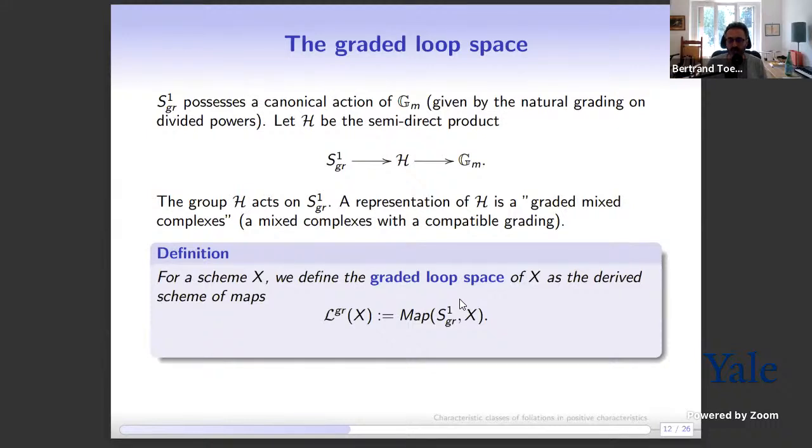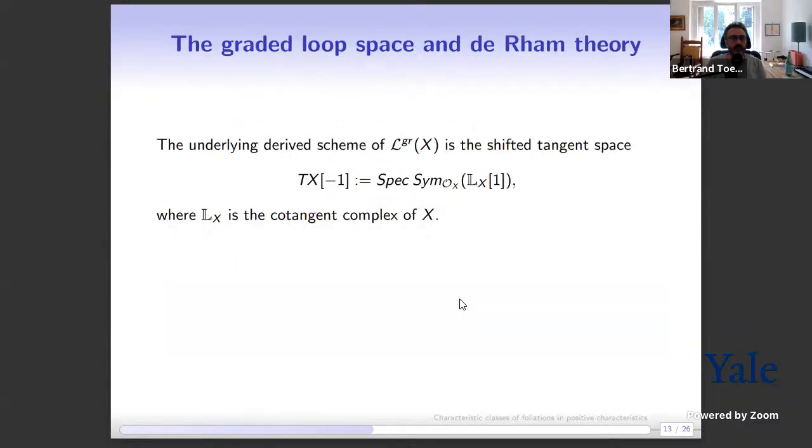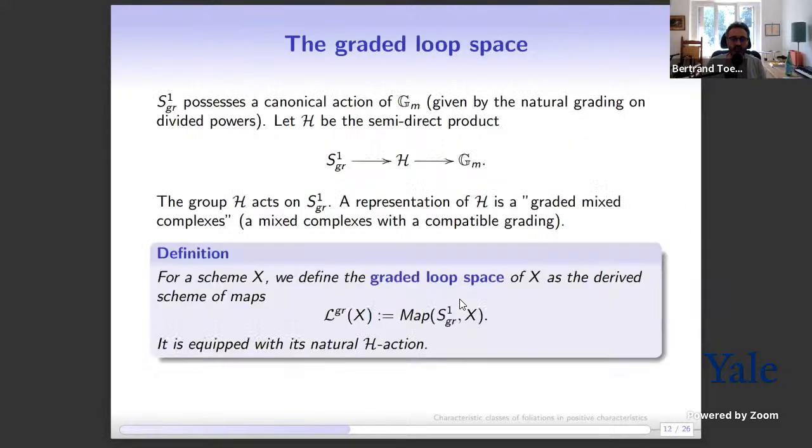It's the scheme of maps between S1 gr and X. And it comes equipped with a natural H action by this semi-direct product. So it has a grading, a Gm action, but it has also an S1 gr action. The S1 gr action is by rotation. So it's just the usual action of the circle on the loop space by rotations. And the Gm action is just the induced grading. And as such, this H action will be important in a moment.